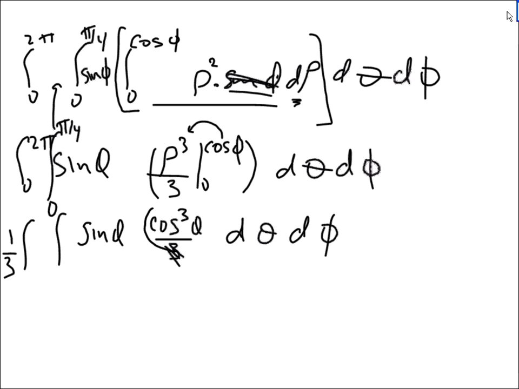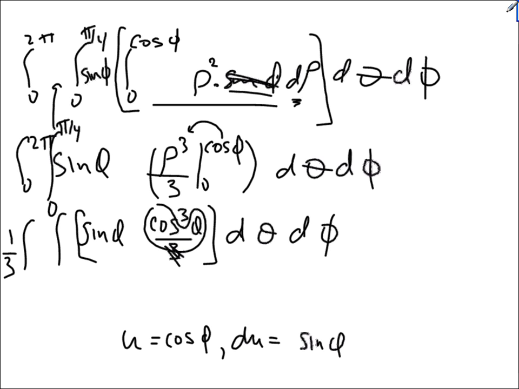If you call cosine of phi u, if u is cosine of phi, then du is not sine. Okay, what's in here is not a function of theta. And I was premature talking about what I was just talking about.